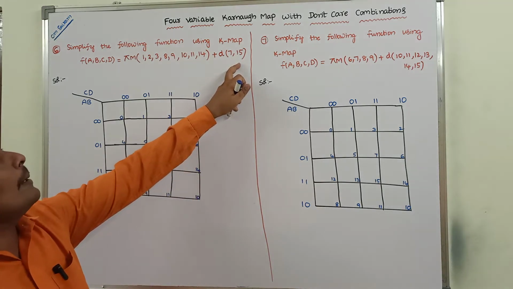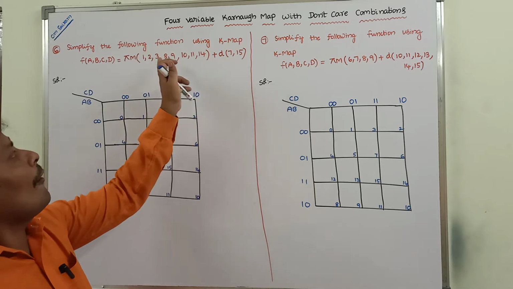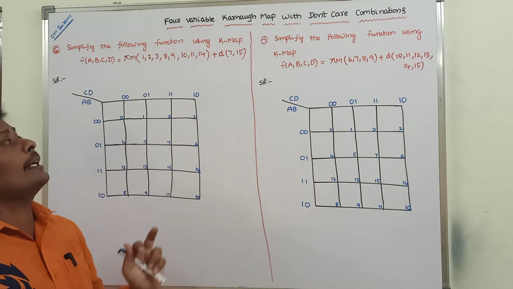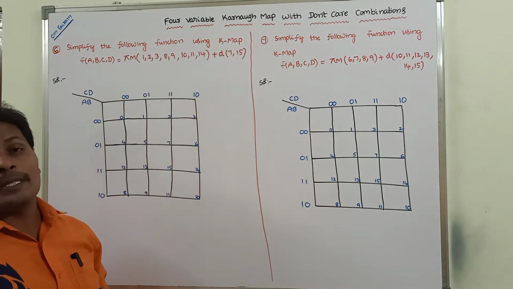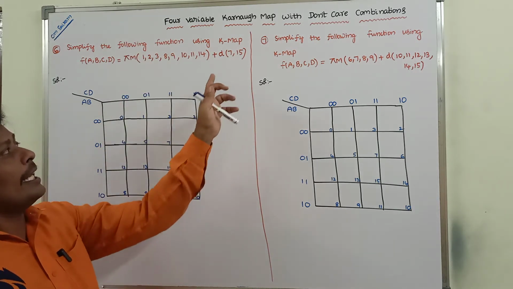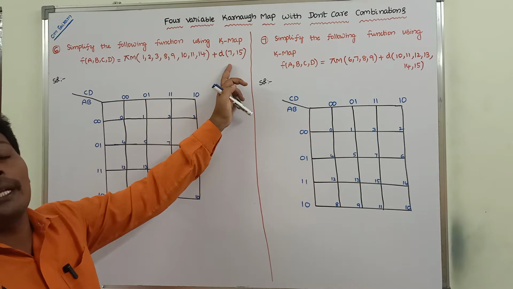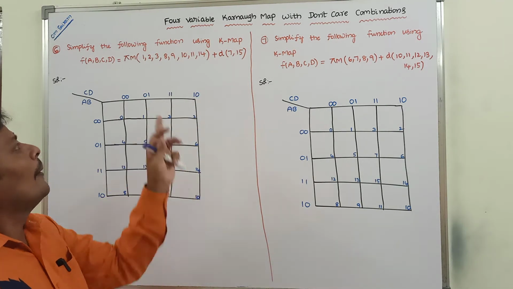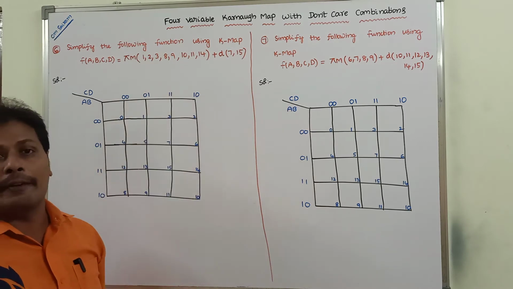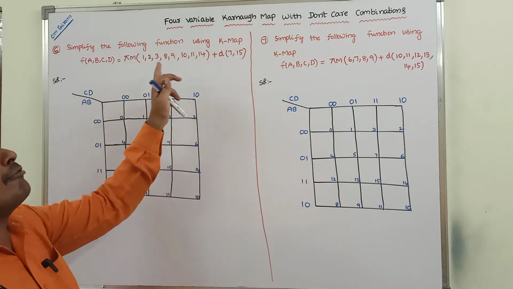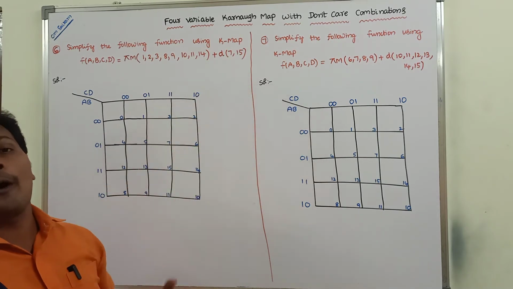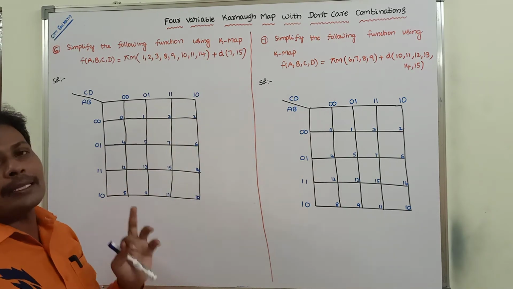While we are simplifying the Boolean function using Karnaugh map, whenever product of max terms is given, each and every don't care combination can be taken as 0. Suppose sum of min terms is given, then each don't care combination can be treated as a 1.